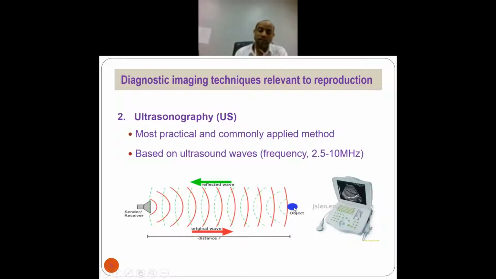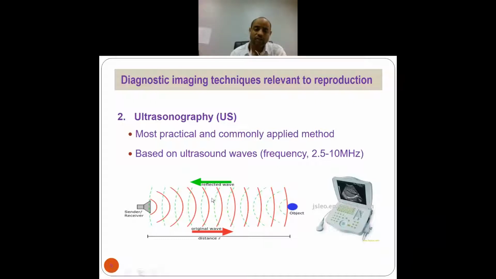After the sound waves reach the organ, they are reflected back. The broken green line shows the reflected wave, going back from the object to the transducer. So as you can see, the transducer acts as the producing center and at the same time the receiver for the sound waves. All right.